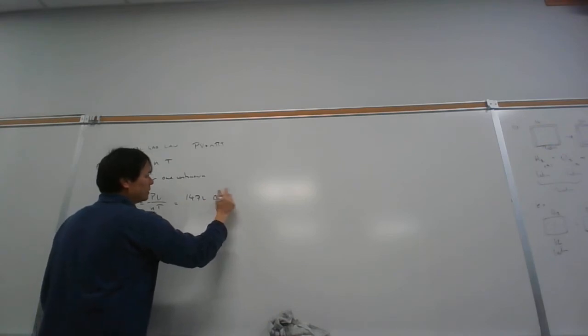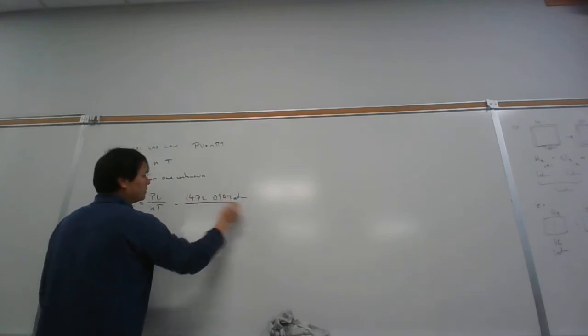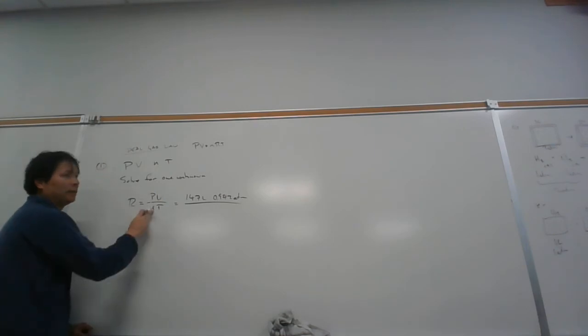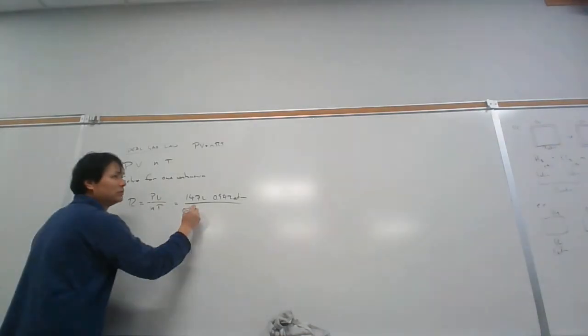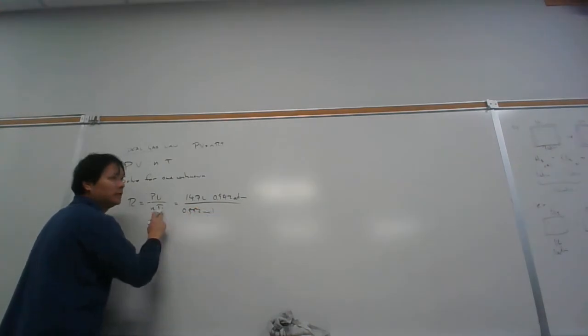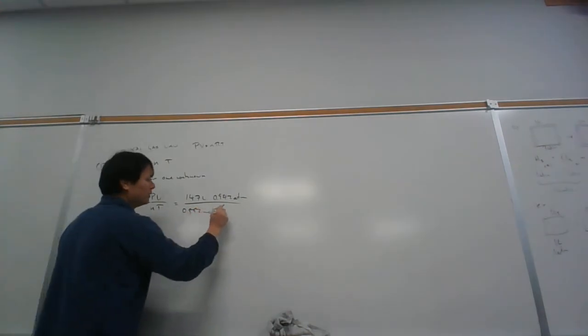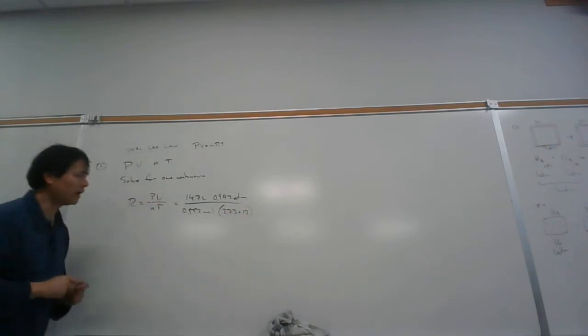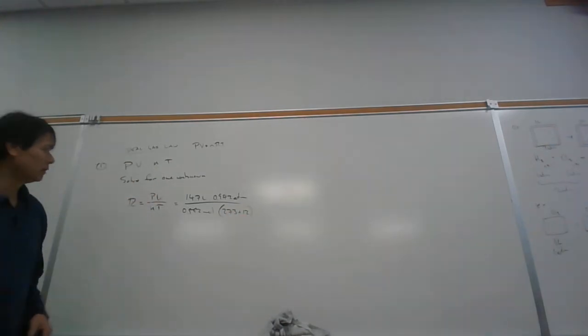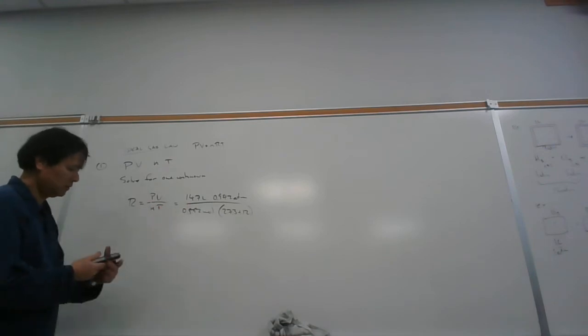I have these backwards, but it doesn't matter. Atmospheres divided by n, which is going to be in moles, 0.592 moles, and T, which we need in Kelvin. So this is going to be 273 plus 12. It would be 285 Kelvin. And so let's go ahead and calculate this here.